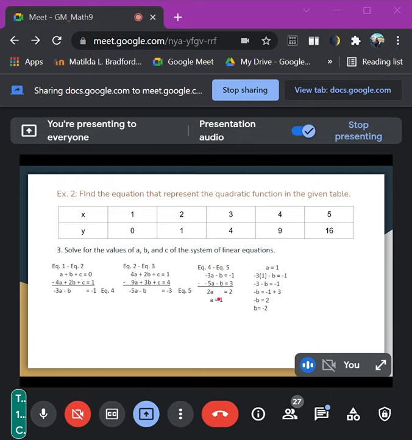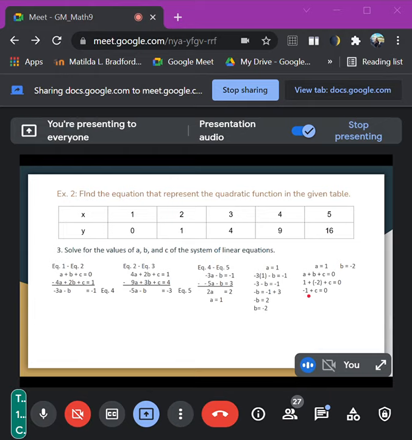So we have now gotten the values of A and B. So only one is left. We can use equation 1, equation 2, or equation 3, equation 4, equation 5. Here, what I used to get the value of C is equation number 1: A plus B plus C is equal to 0. So substitute my A and B: 1 plus negative 2 plus C is equal to 0.